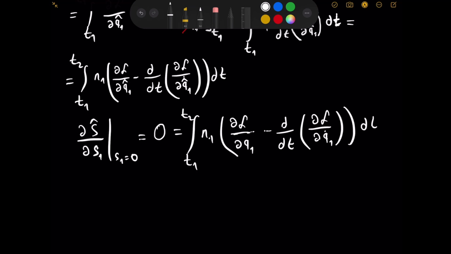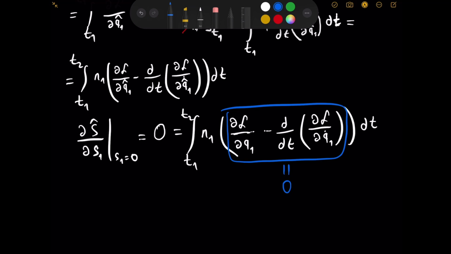And if this integral is identically equal to 0 for any n1, remember, n1 can be any function, if this integral is 0 always, that means that this part is 0. And you could have done the same thought process for Q2, Q3, Qn, any of the generalized coordinates.